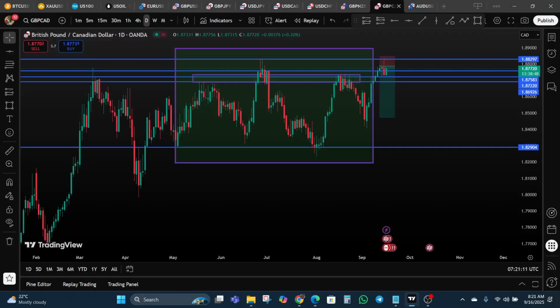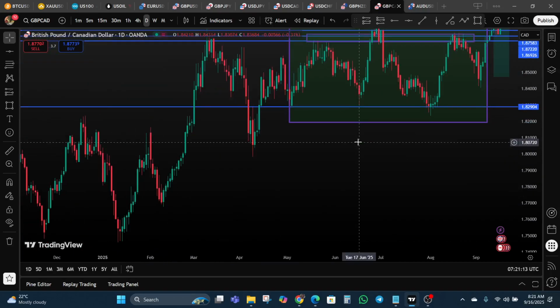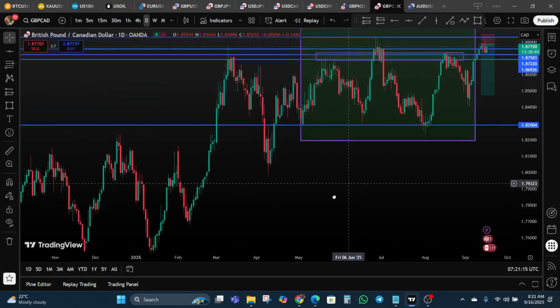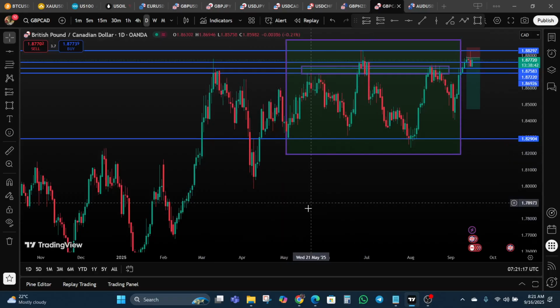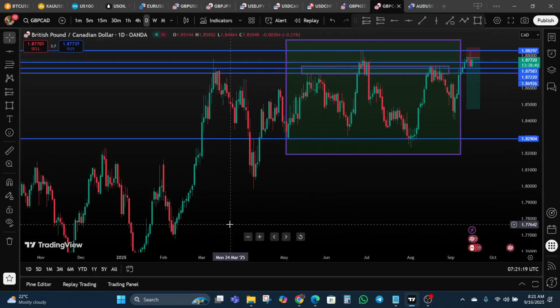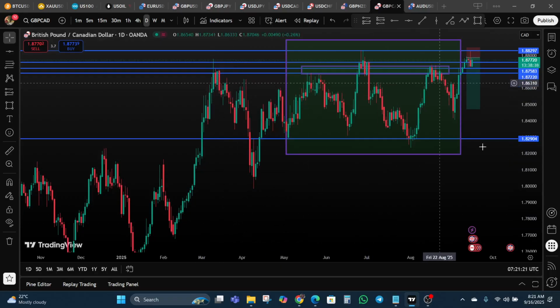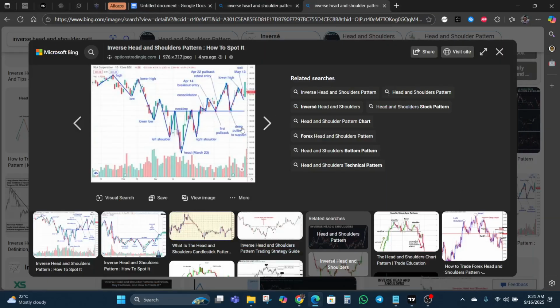The example that I showed you earlier was an uptrend. That's the reason why that is a head and shoulders pattern. Head and shoulders is for an uptrend, and then you are looking for a breakout to the downside. But inverse head and shoulders is for a downtrend, and you are looking for a breakout to the upside.